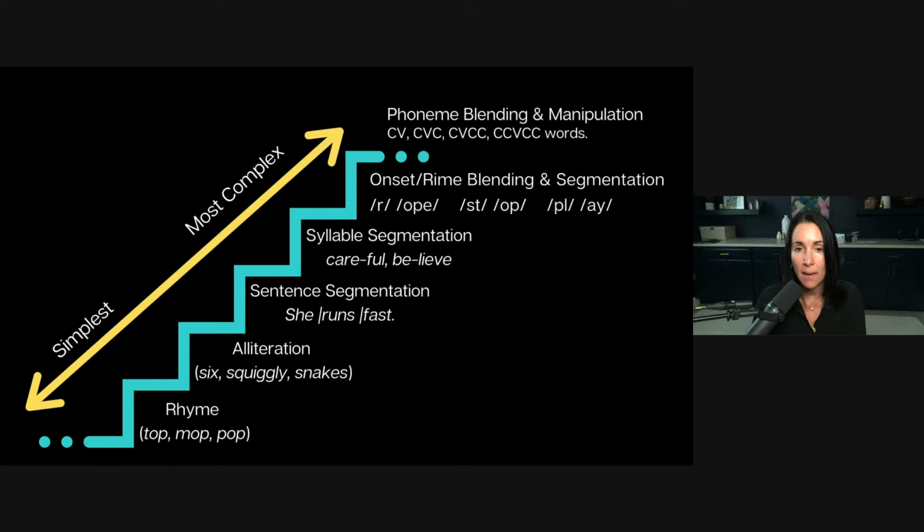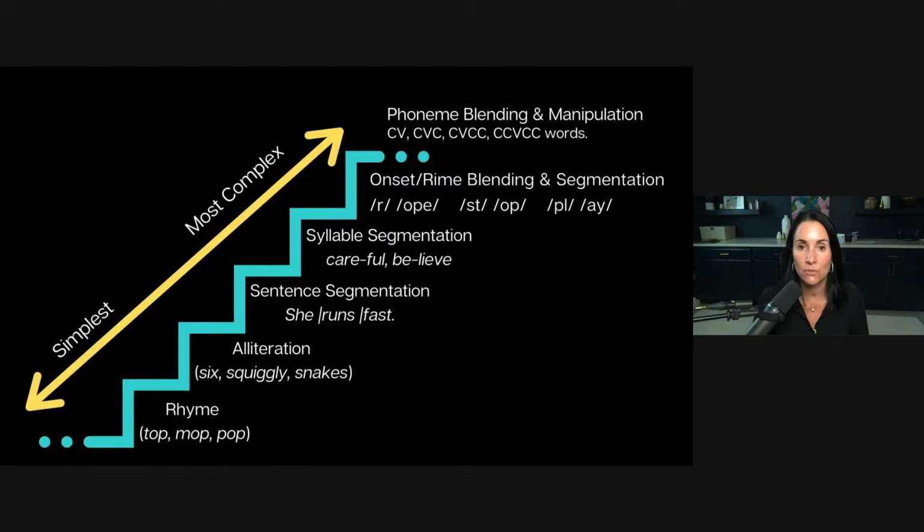And then the rhyme, and it's spelled R-I-M-E, is the ending vowel and consonant sound. So in stop, the onset is st, and the rhyme is op. And breaking that up is even harder than breaking up in syllables, because syllables kind of have a pause or inflection at the end of it that indicate a syllable is happening. With onset rhyme blending, it doesn't have that.